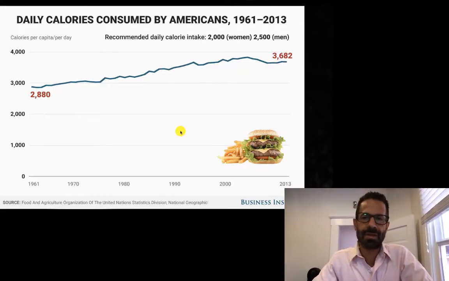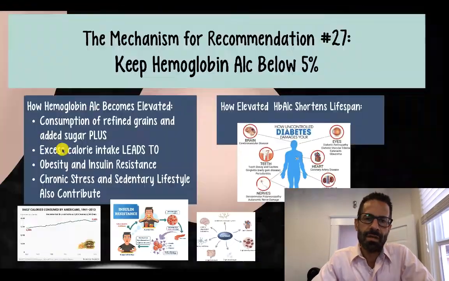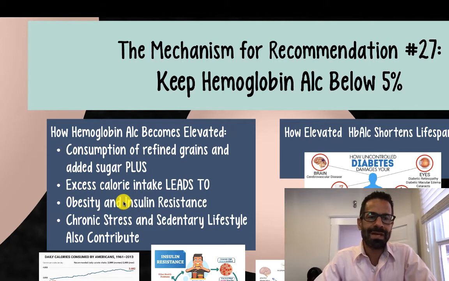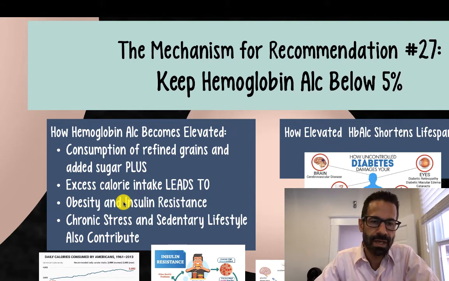What consumption of refined grains and added sugar plus excess calorie intake leads to is obesity and insulin resistance. We can understand obesity in one sense by just the sheer excess calories we're consuming in the American diet.